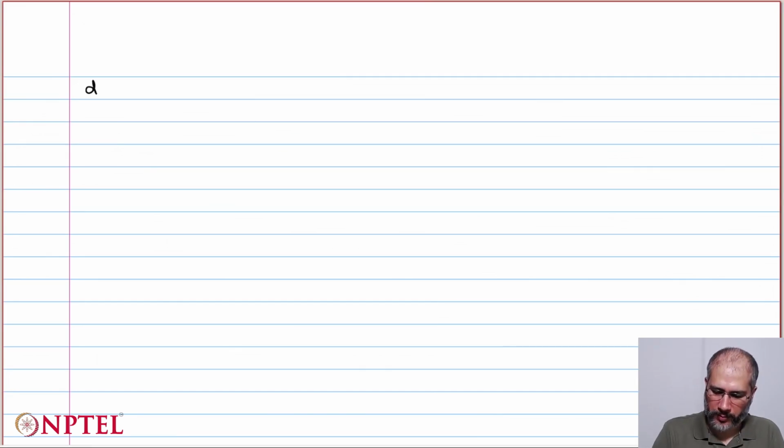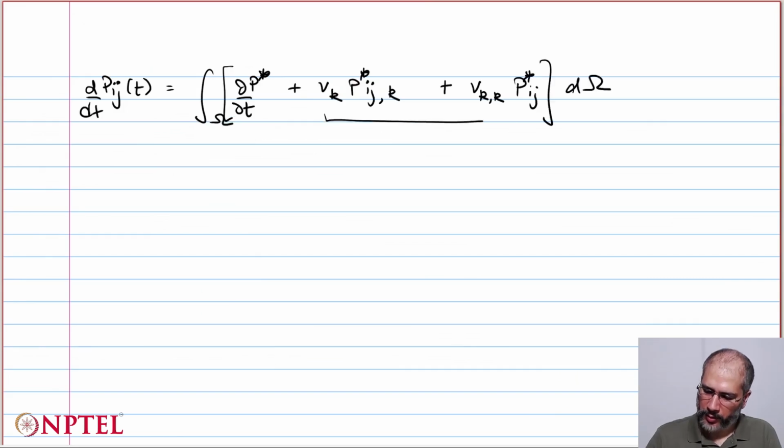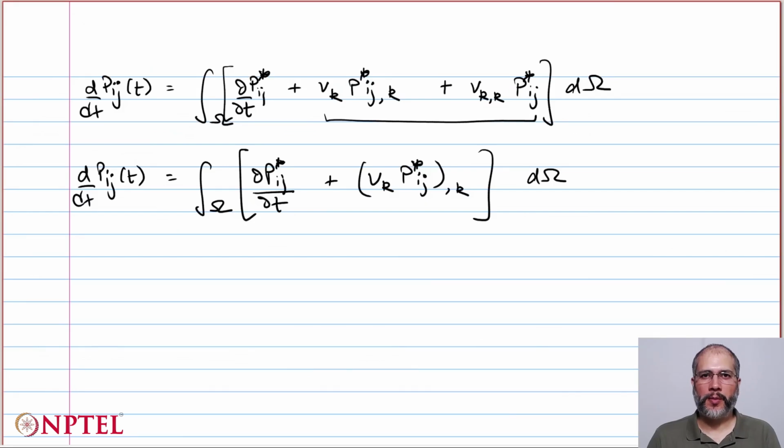So this becomes, so this part, as you can see here, this comes from the material derivative, and the remaining part was v k comma k times P star. So now these two terms can be combined to get, and this form of the transport theorem will be tagged as A1.